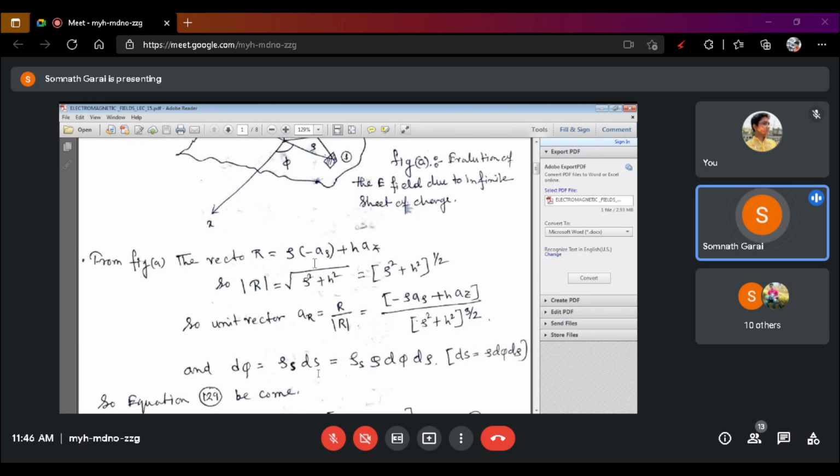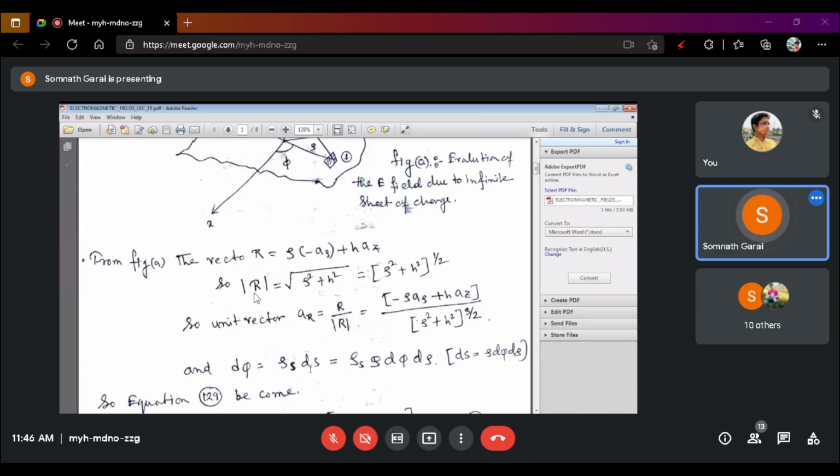The differential charge dq, we already know that the expression is rho s into ds.